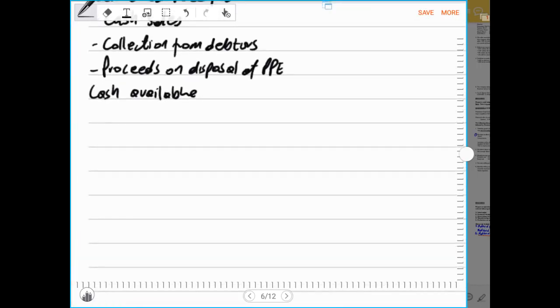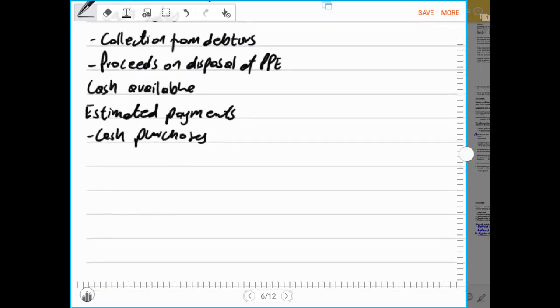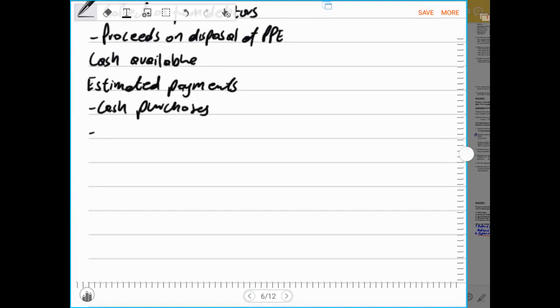Then after we have estimated payments. We have cash purchases where we bought on credit. Then we have payments to suppliers.